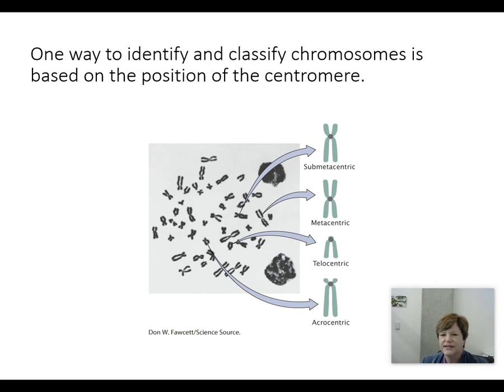If the centromere is a little towards one side than the other, we call it submetacentric. If the centromere is really far off onto one end, we call it acrocentric. And if the centromere is literally at the telomere, which sounds odd, but it's possible, we call that telocentric.